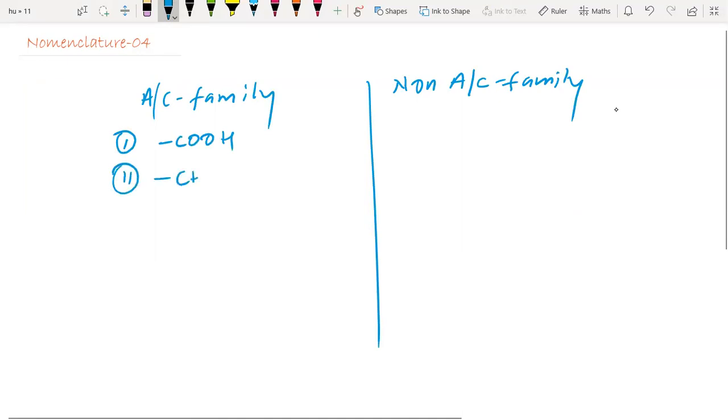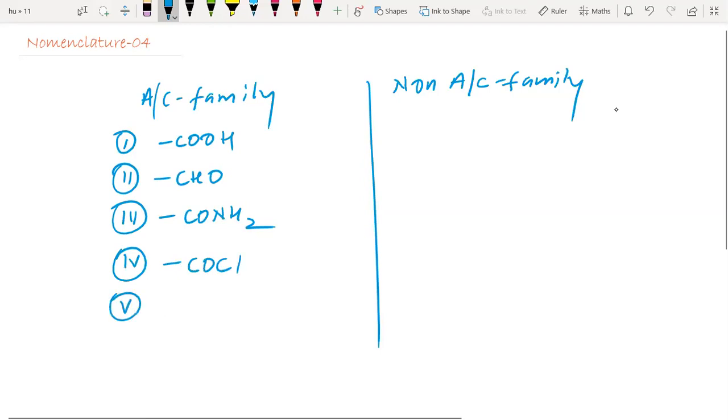Next is aldehyde group, then we have amide, acyl chloride, nitrile and ester. All these organic compounds are kept under the AC family.